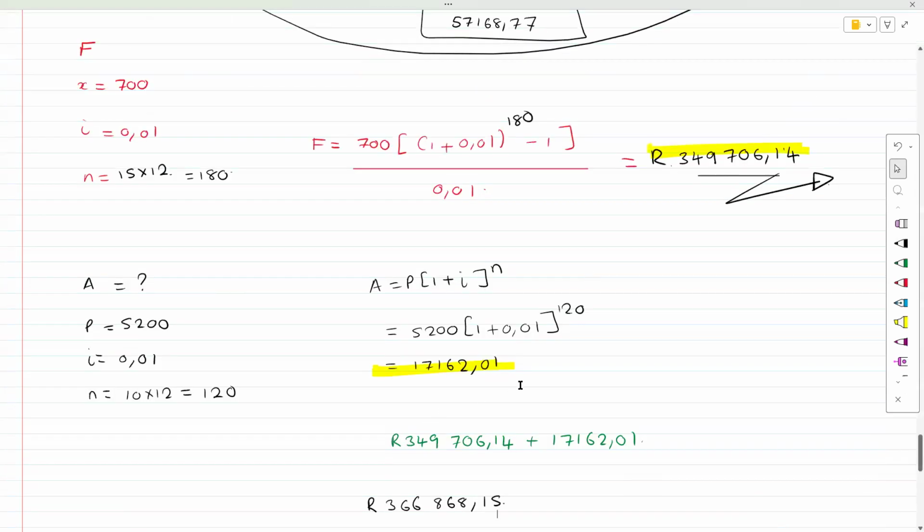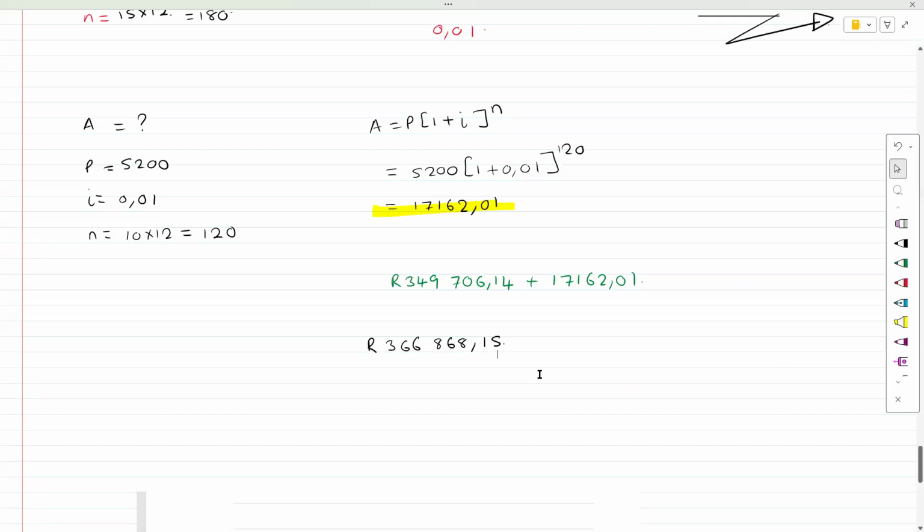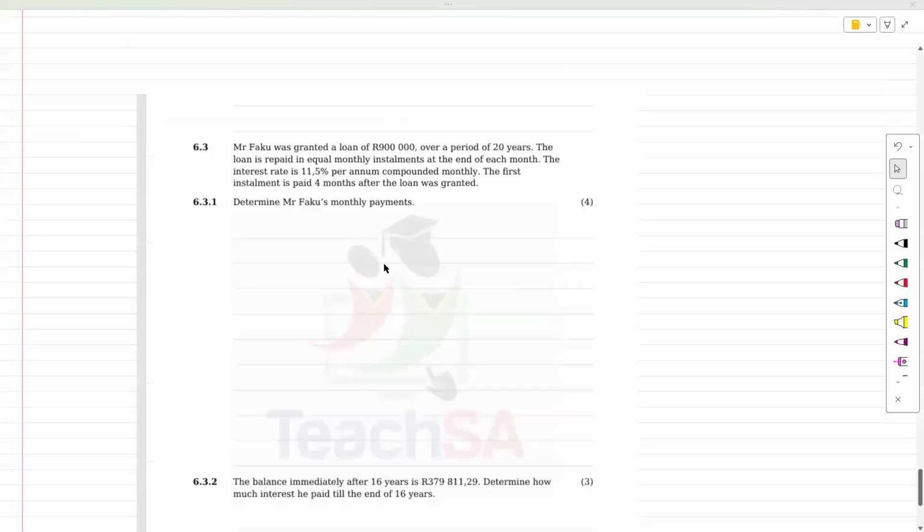If you look at the marking guideline, I think it was done a little bit differently. They did the future value of the total, plus they added that amount, then they did the interest. They did it in one step. There's a marking guideline, yeah. Let me put it on the screen.